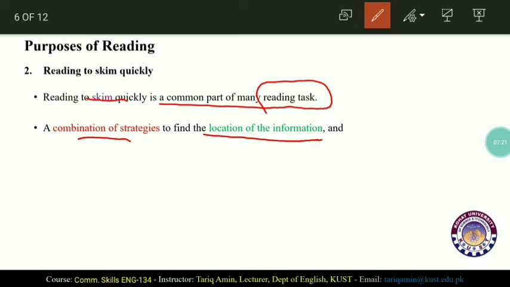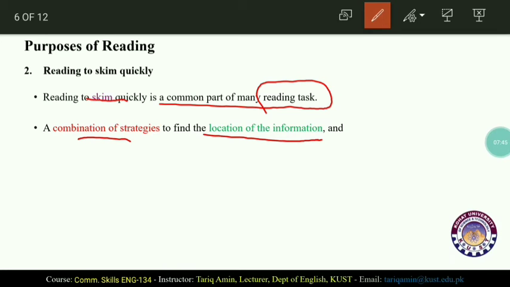I told you that, for example, there are 5 paragraphs in the essay about CUST. The first one is about students, the second one is about academics, the third one is about the beauty of CUST, the fourth one is about the teachers of Kohat University of Science and Technology.